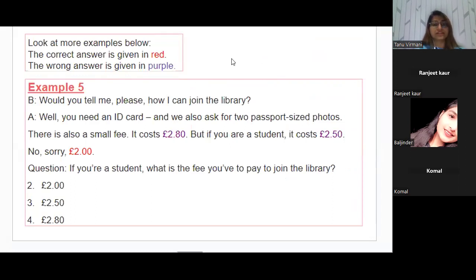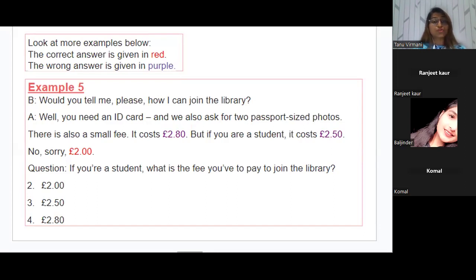Now see here, example number 5. Would you tell me, please, how can I join the library? Well, you need an ID card and we ask for 2 passport size photos. There is also a small fee. It costs 2.80. But if you are a student, it costs 2.50.